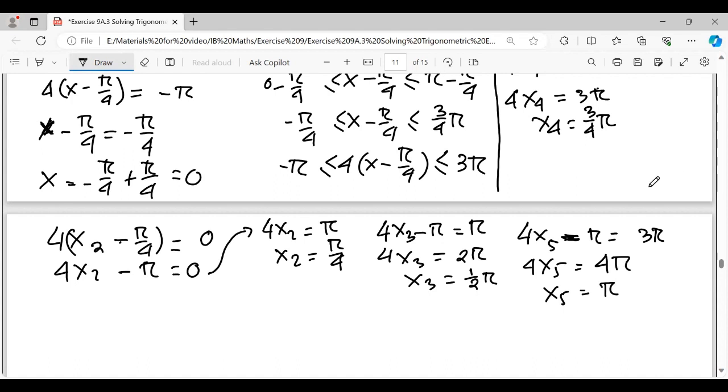So there are several values of x: 0, after that pi over 4, half pi, 3 over 4 pi, or pi.